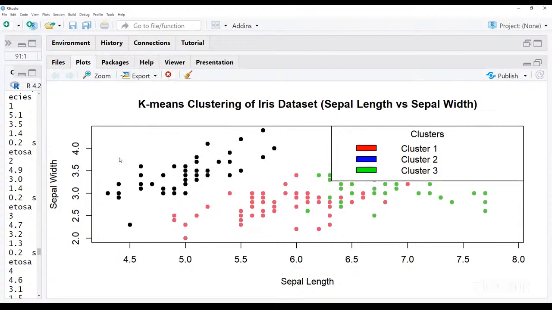They are relatively overlapping. But black maintains some distance. So this is the sepal length versus sepal width.